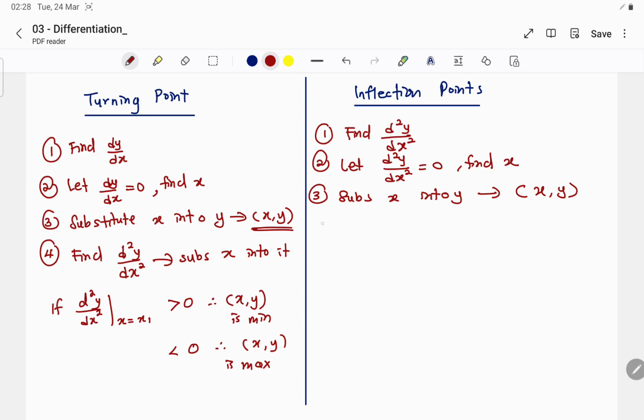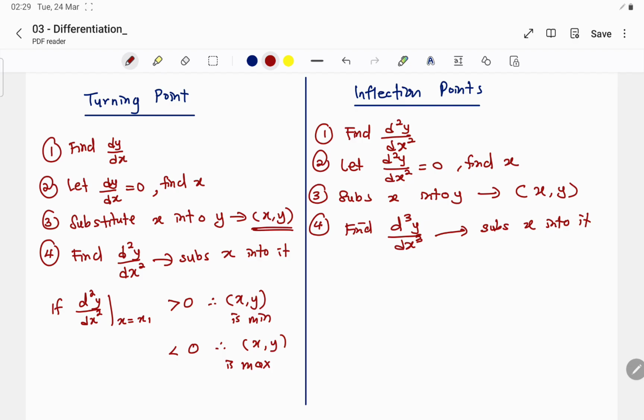Okay, once you get this point, we want to identify whether this point is an inflection point or not. So what you have to do is find the differentiation for the third time. And then after you find it, substitute x into d cube y dx cube.